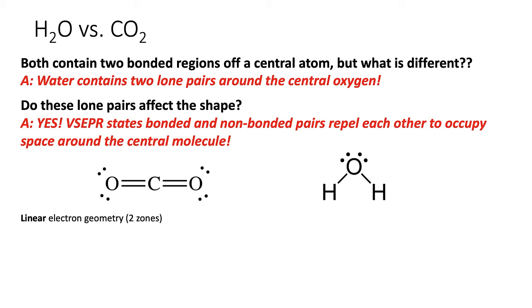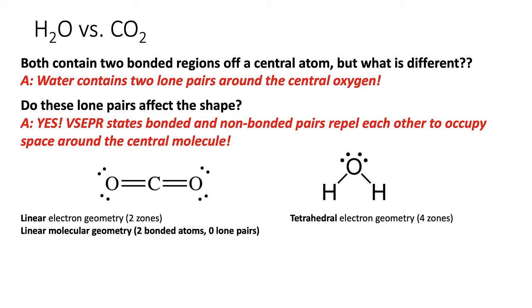And for CO2, that electron geometry is based on 2 zones, and we're therefore going to have a linear molecular geometry as well, because there are no lone pairs, right? Linear electron geometry based on that linear structure, and we're going to also have, of course, the linear, what we'll call molecular geometry. In other words, CO2 is a line. Water, on the other hand, is based on that tetrahedral electron geometry because it has 4 zones.